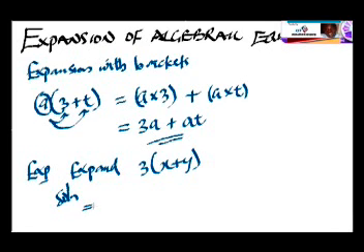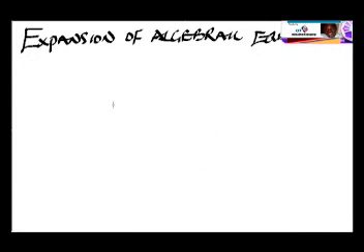You're using 3 to multiply everything inside the brackets, and it goes 3x plus 3y. So that's our final answer. That's what we're getting for this very value. We'll pick another example.